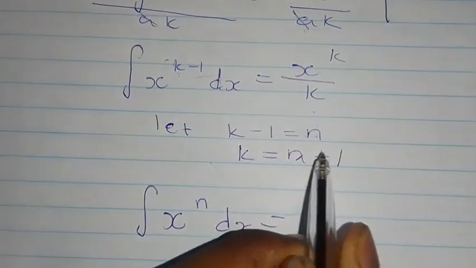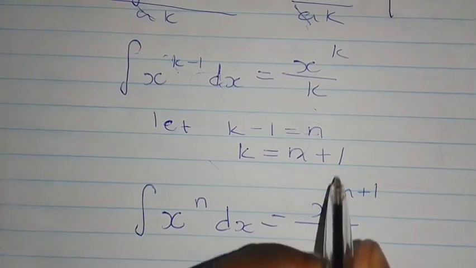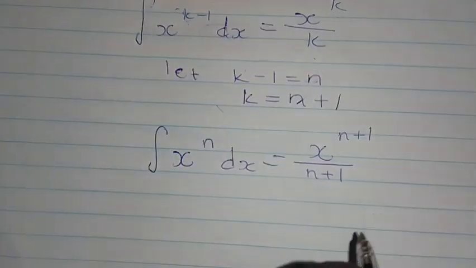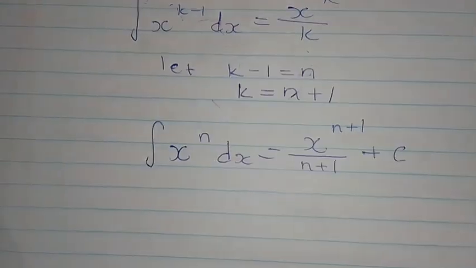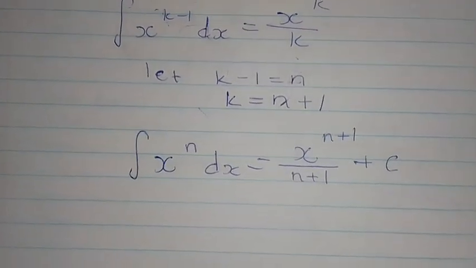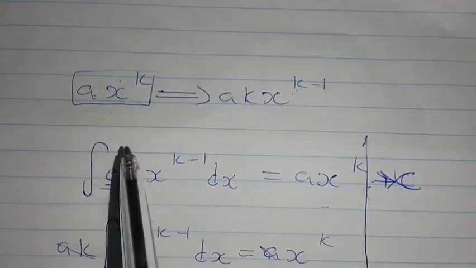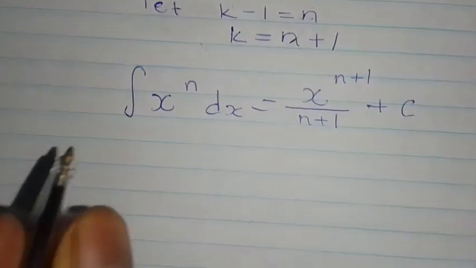What's my k now? k is equal to n plus 1. So I substitute n plus 1 in this k. Then this is what I'm going to have. Then I can add my constant. I'm pretty sure you're familiar with this formula. I just showed you how it arises, because we are anti-deriving this. We are reversing that. So what does this mean?